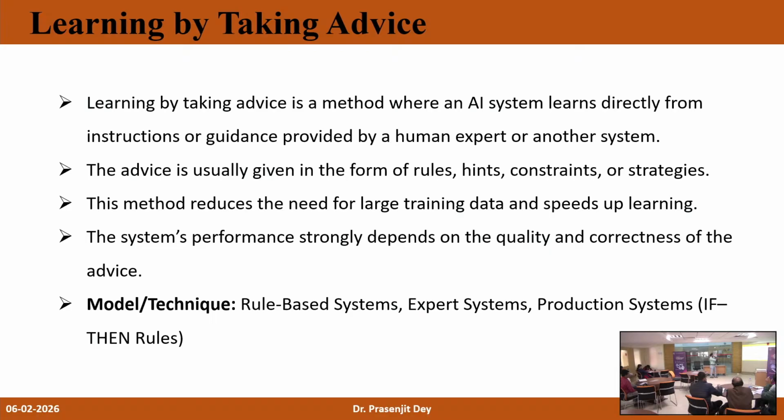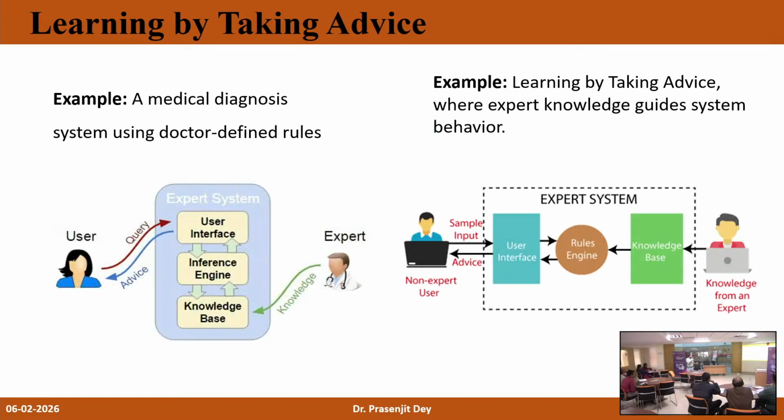Models like rule based learning, expert systems, and production if-then-else rules use learning by taking advice. Like with a doctor: I went to the doctor and gave my details, like I have red eyes, I am sneezing, and maybe a running nose.